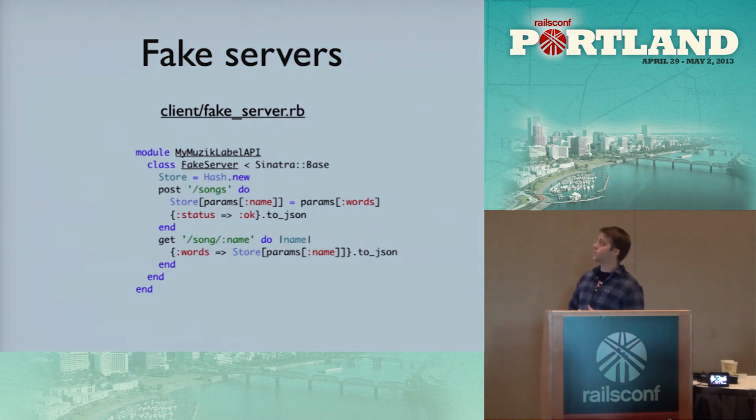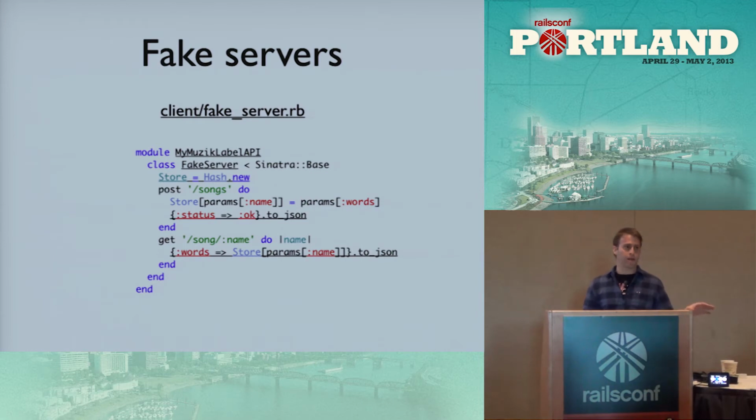So the idea is that in this kind of example, our fake server would look like this, where we would basically have this hash, right? And that would be our database, right? We have it in memory. It's super quick. And we render the same type of JSON, right? We'll store the song in that in-memory hash, and when they send a song over, we'll send it back a status OK, and if they want to get the song back, they'll pass the title.